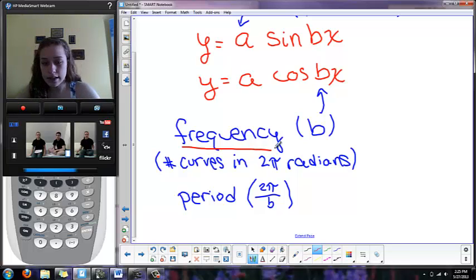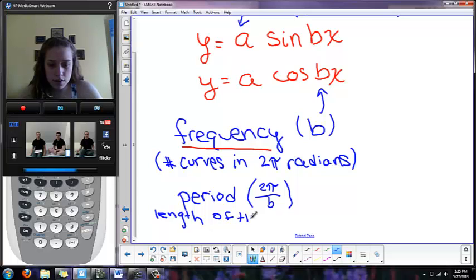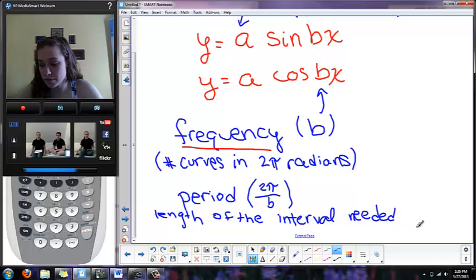Period is the length of the interval needed to see one curve.